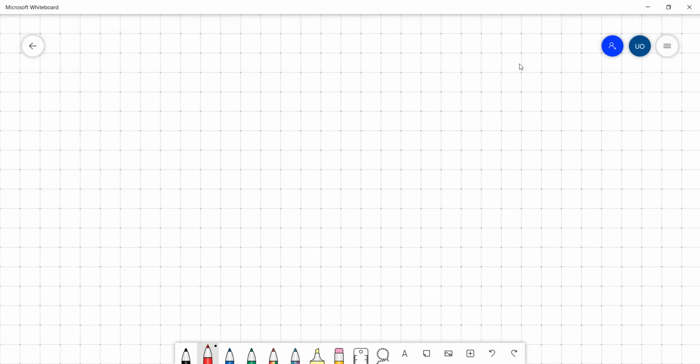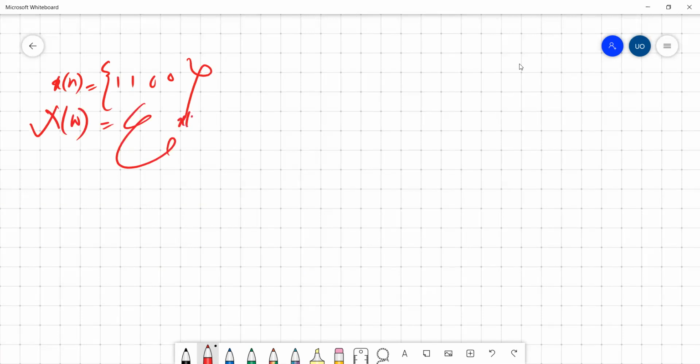According to the question, we have x[n] like 1 1 0 0. If you want to find the DFT, you can just evaluate X(omega) by applying x[n] e to the power minus j omega n. Then this infinite sum is restricted to a finite sum of 4 samples.